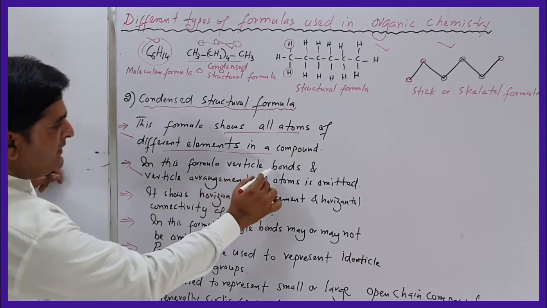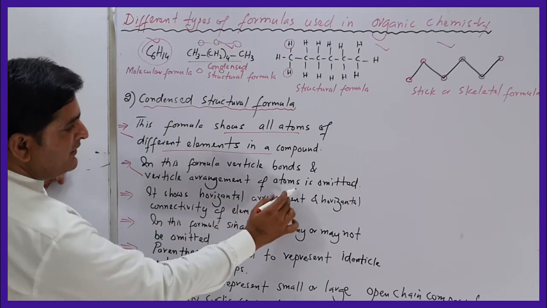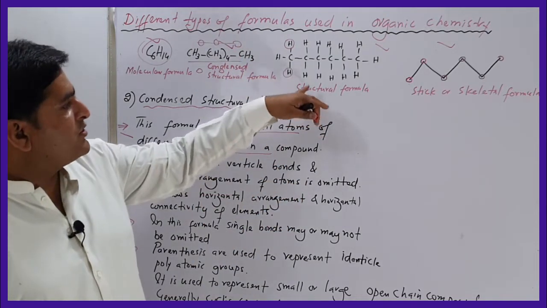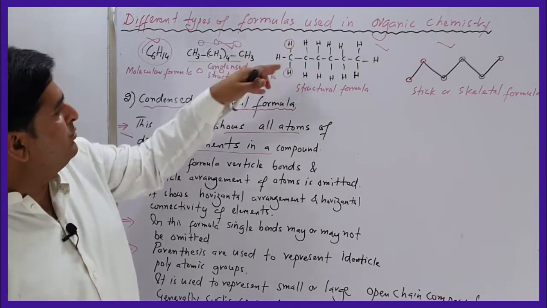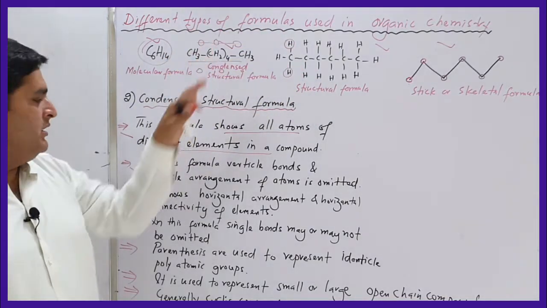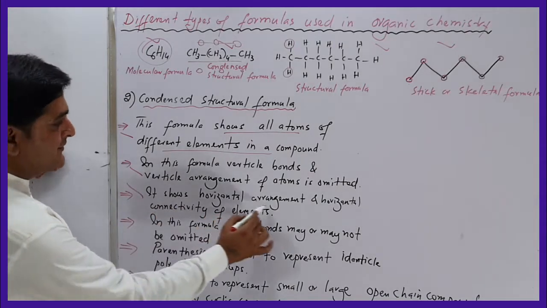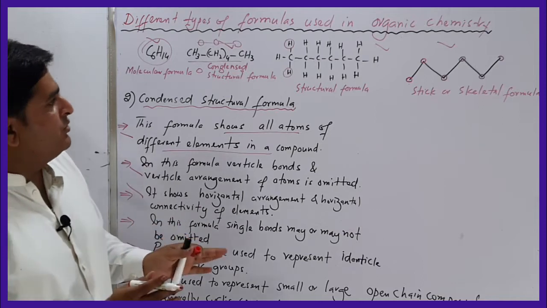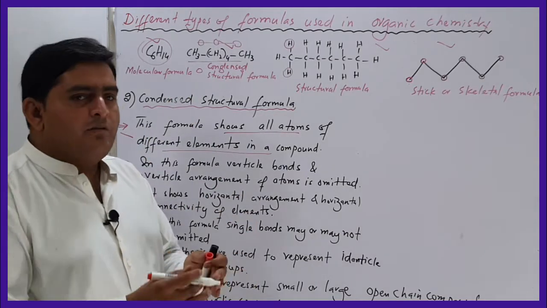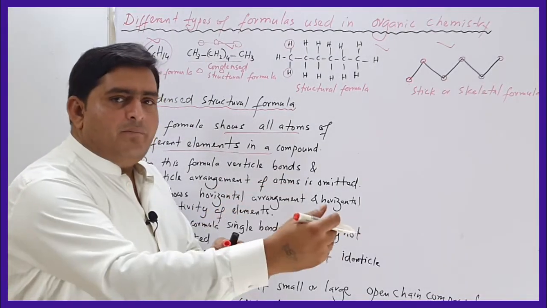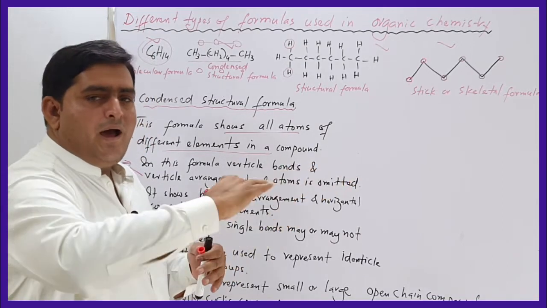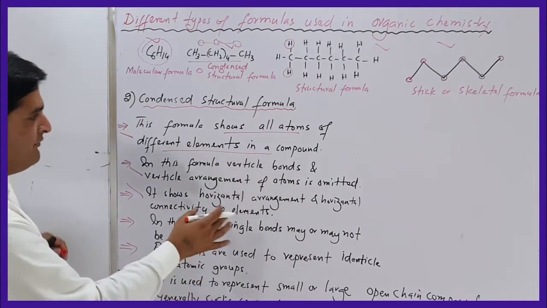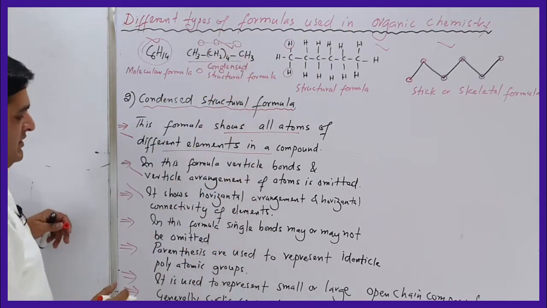There is no vertical arrangement like in a structural formula, where you see up and down groups; up and down groups are missing here. It shows the horizontal arrangement of atoms and connectivity of elements. It shows which element is bonded to which other element in the chain horizontally, but the vertical arrangement is not shown.